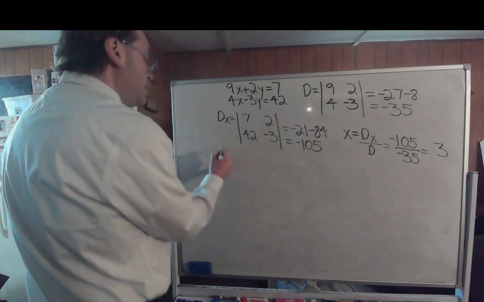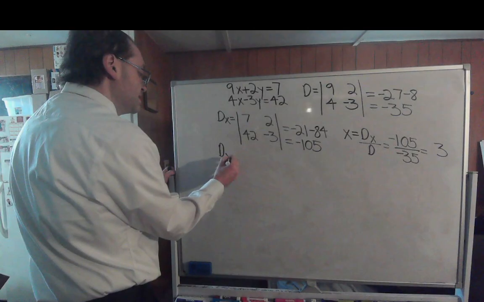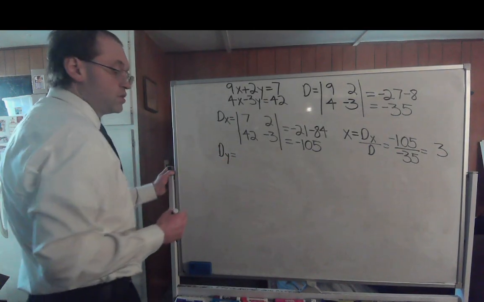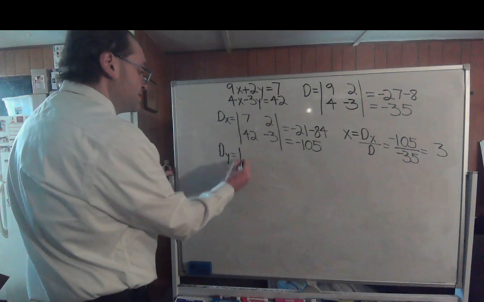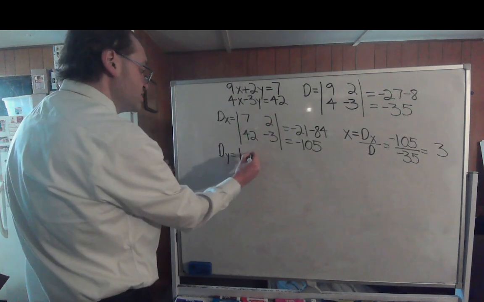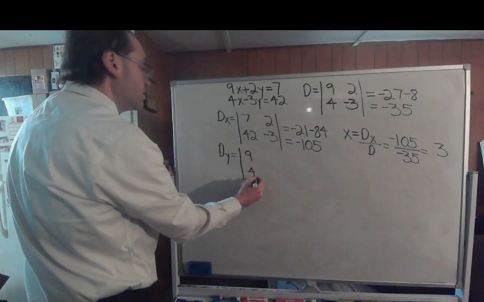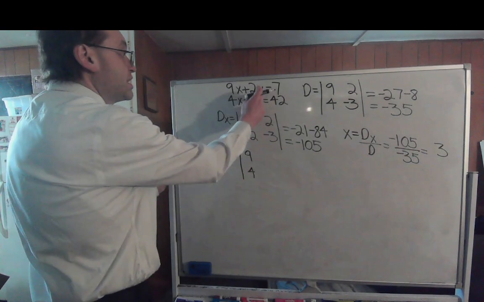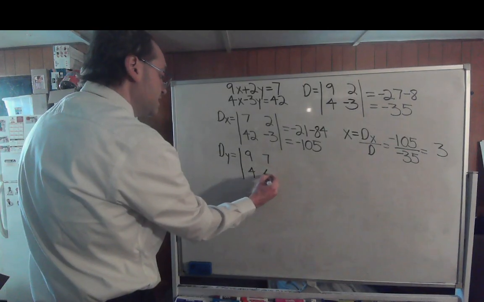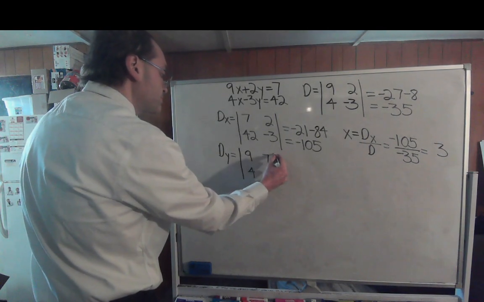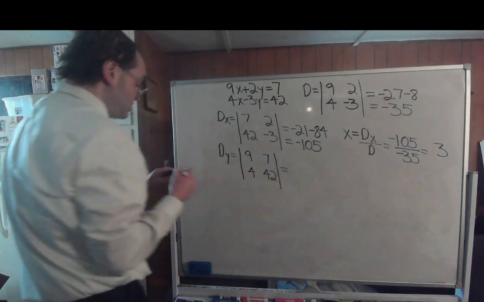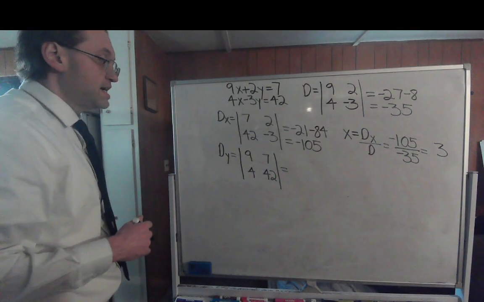Now let's find y. Start out by doing d sub y. So d sub y, this time you're going to leave your x coefficients alone. You'll keep the 9 and 4, but you're going to replace your y coefficients with that 7 and 42. Alright, so now what the heck is 9 times 42?